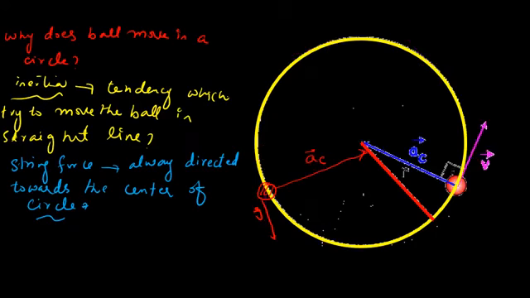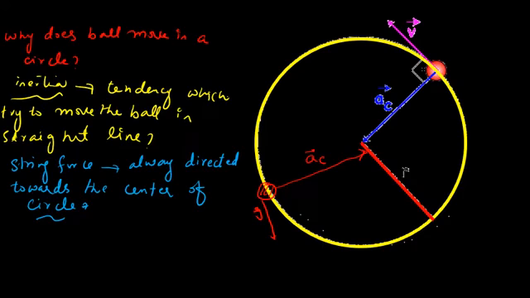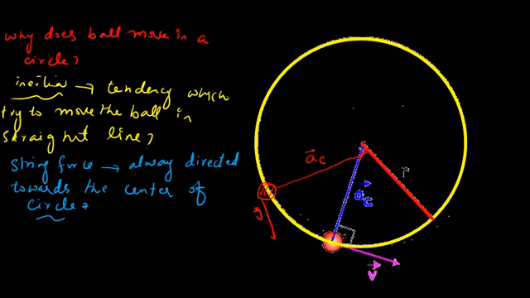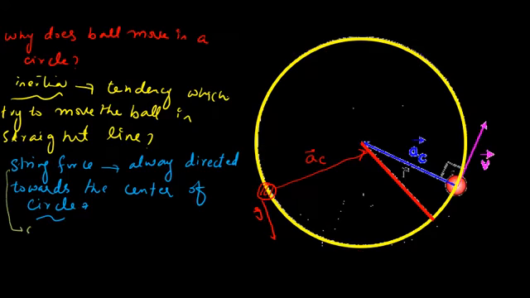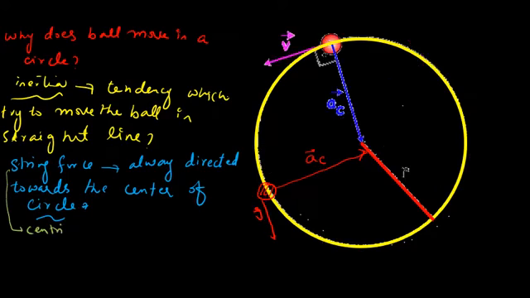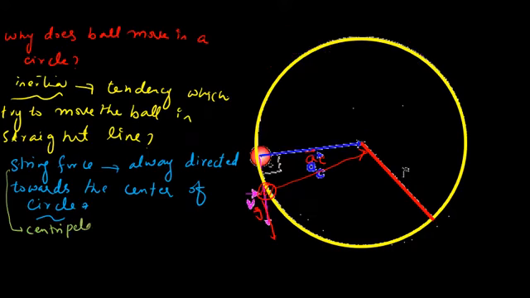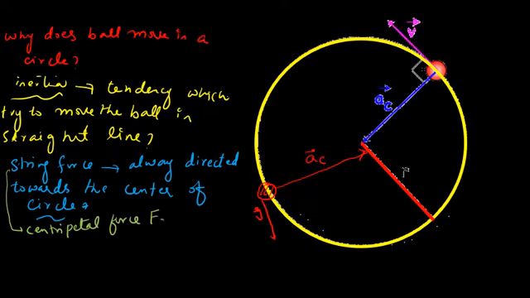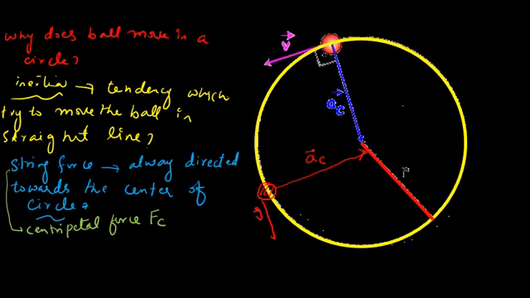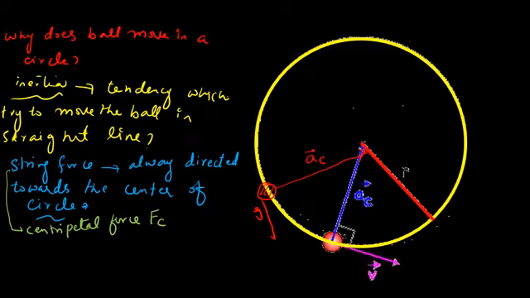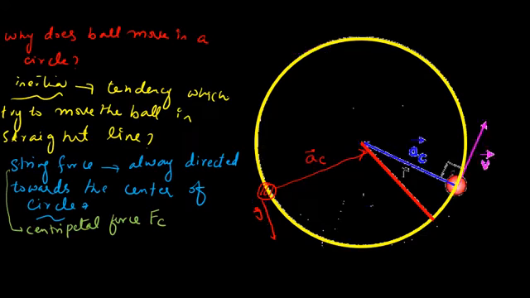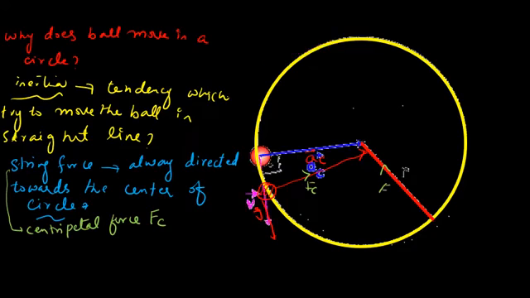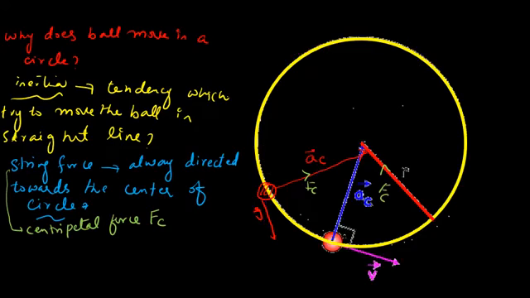As this force of the string is directed toward the center of the circle, it is called centripetal force, and it can be represented by F_c. Here the subscript c represents centripetal force, and at any point on the circle it will be directed towards the center of the circle.